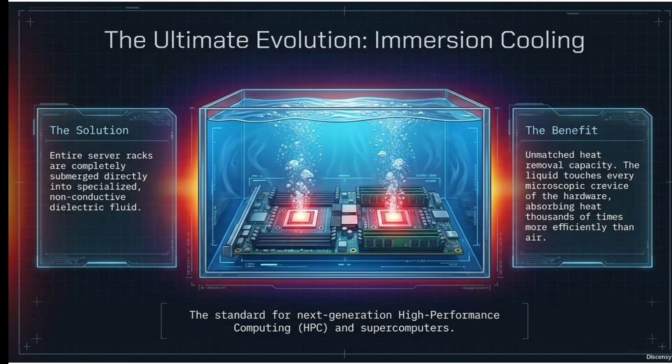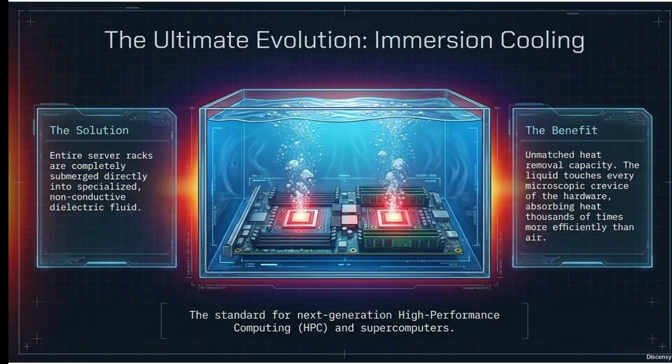So what it means is that this liquid doesn't conduct electricity, but it conducts heat, so the heat is dissipated. So when we have large AI clusters, large servers which are doing this processing, these are put in an immersion cooling, which is like an isolated space of cooling liquid, a non-conductive dielectric fluid.